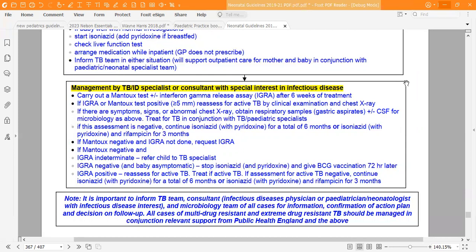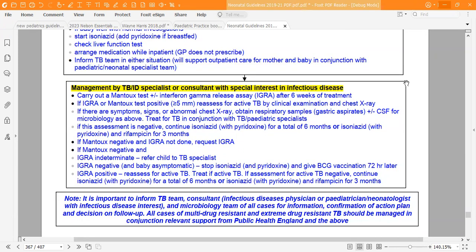They are going to carry out a Mantoux test plus or minus interferon gamma release assay, which is IGRA, after 6 weeks of treatment. So after starting treatment with isoniazid for this newborn baby, the TB team will arrange a Mantoux test plus or minus IGRA after 6 weeks from the treatment.